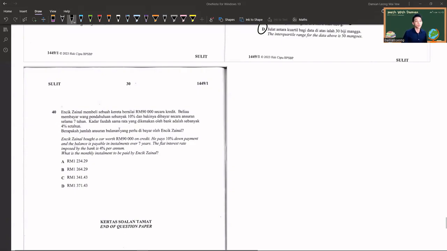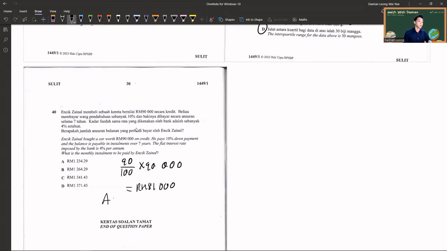Berapakah jumlah ansuran bulanan yang perlu dibayar oleh Encik Zainal? So we have 90,000. We have down payment 10%. Okay, wang pendahuluan 10%. So we have to take that out for the principal. Okay. So we consider 90% of 90,000. So 81,000 ringgit.